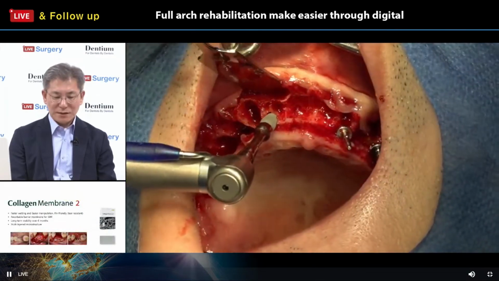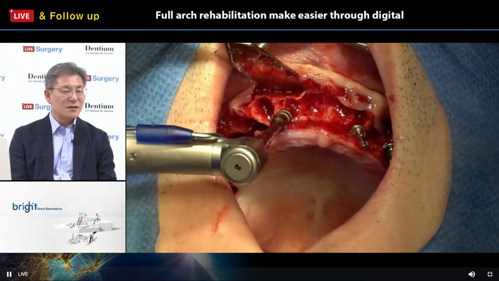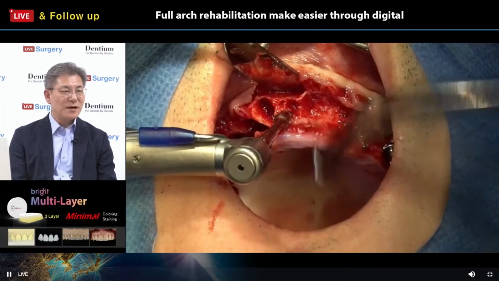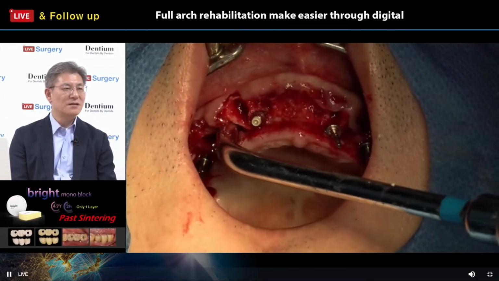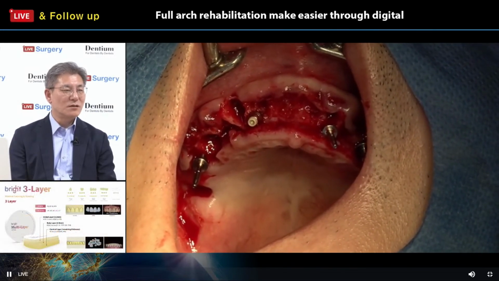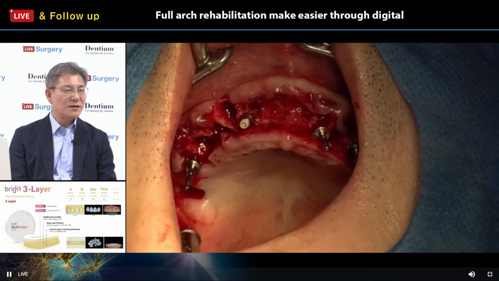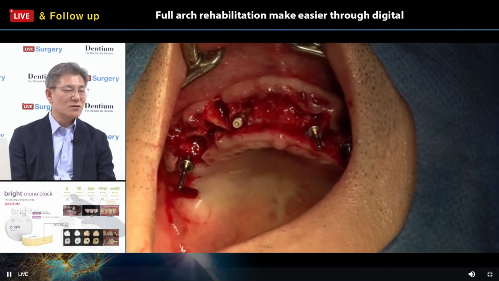Okay, number 12 area, 3.5, 9 millimeter. The bone tissue level implant was installed, so faster installation and good initial stability. The whole implant surface is surrounded by host bone.